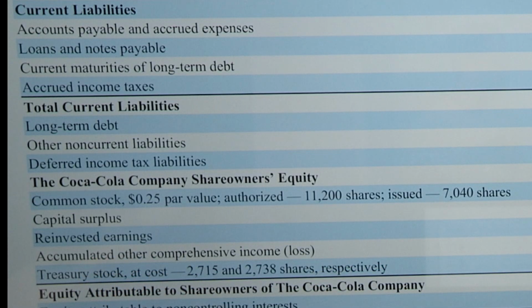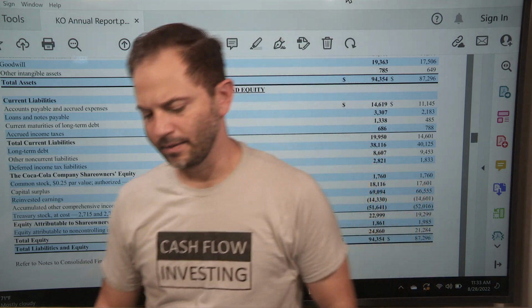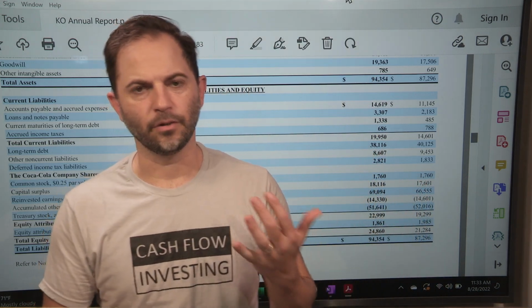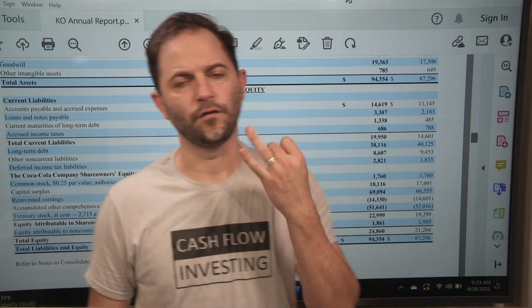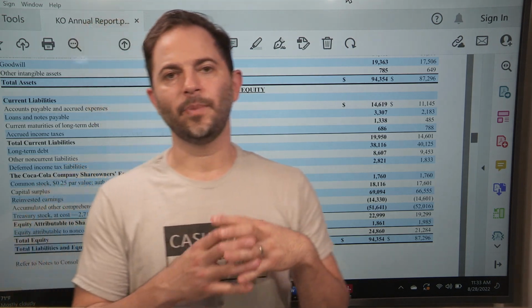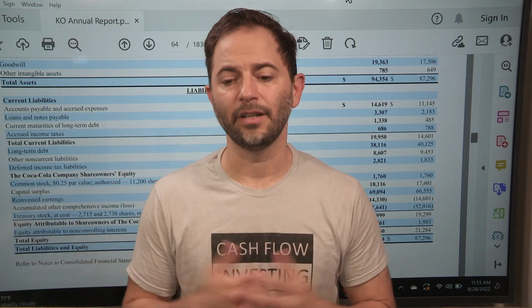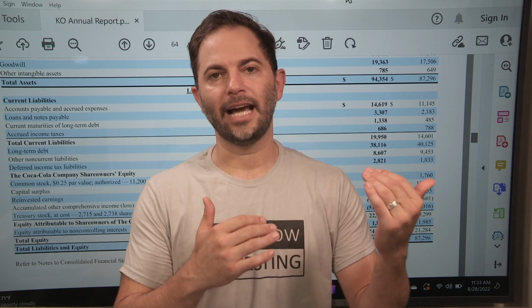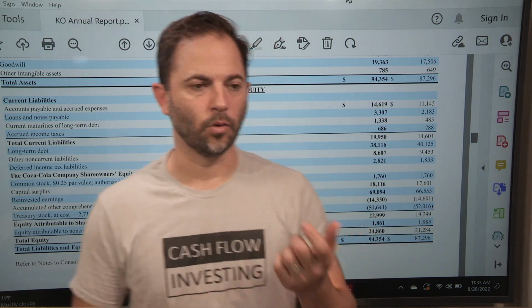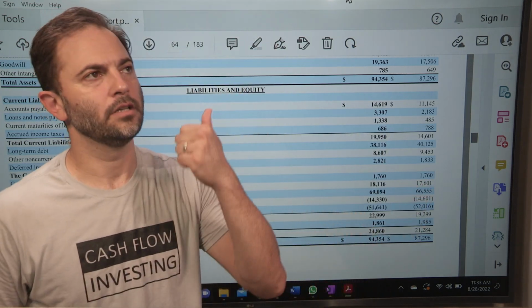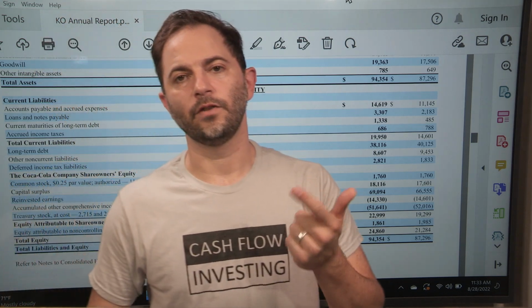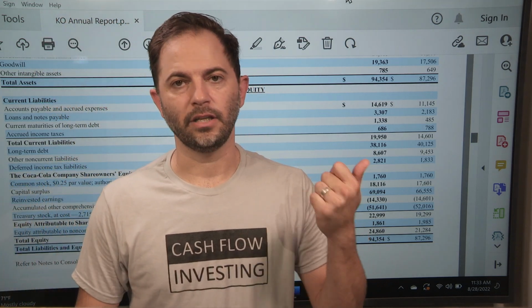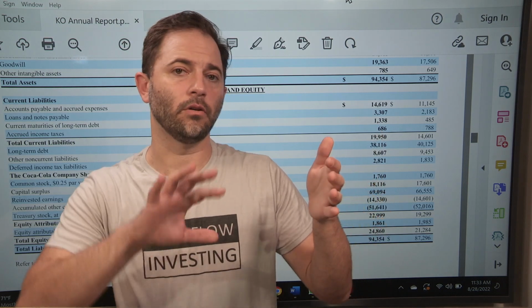Accumulated other comprehensive income. What is other comprehensive income? Comprehensive income is your pension liability changes, your foreign currency changes, and it's basically keeping track of that on an accumulated basis. That just means taking last year's and adding it to this year's for pension liabilities, for currency issues, if you want to state your currency in all dollars, but you sell globally.